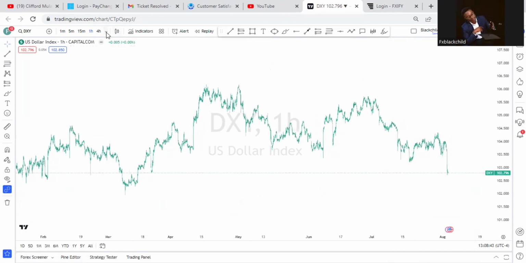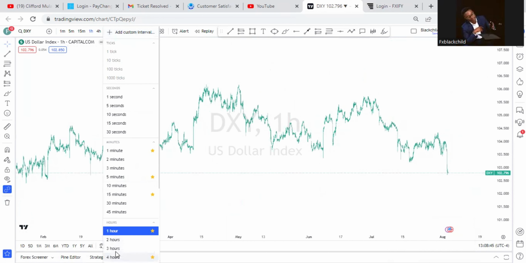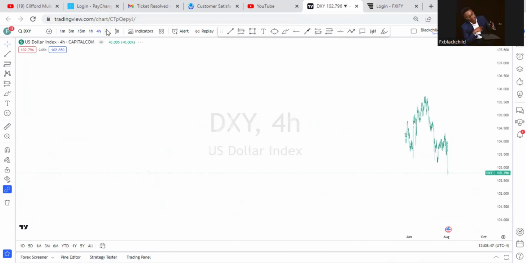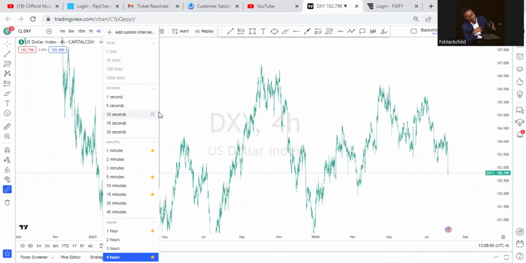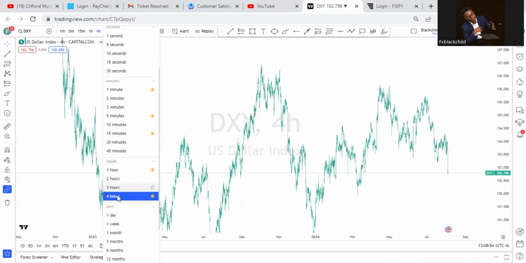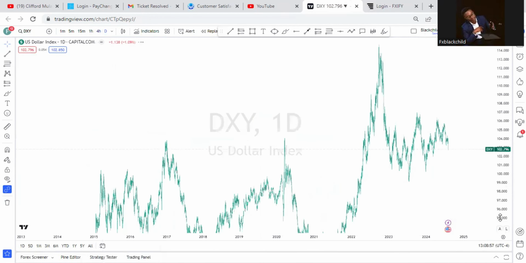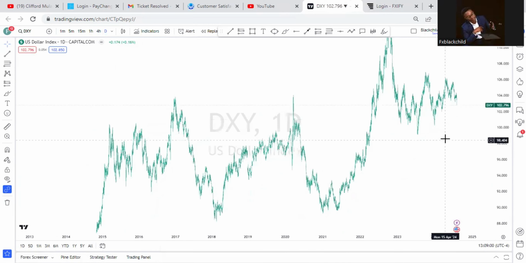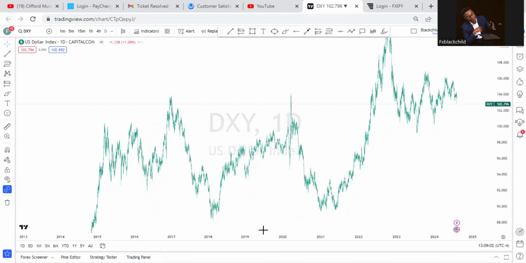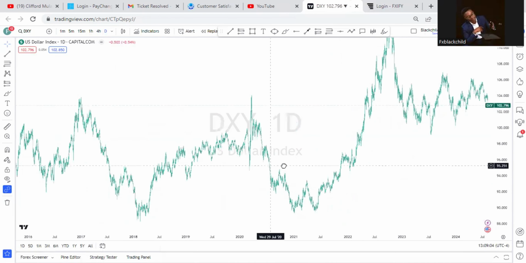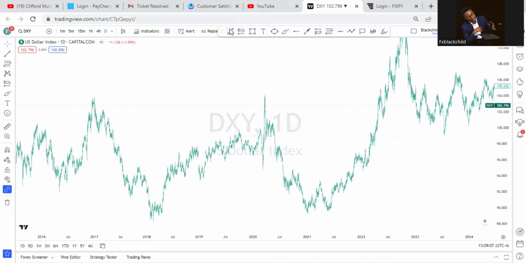So this DXY, let me go on a daily so that I can show you what it really means to measure the performance of the dollar. On a daily, it's simply showing us how the dollar is performing on the market. Moving backwards, you can see the dollar has been pushing down and kept on pushing down.